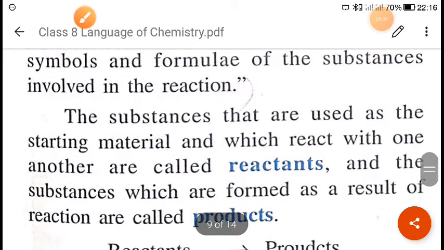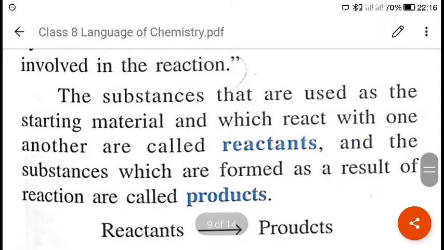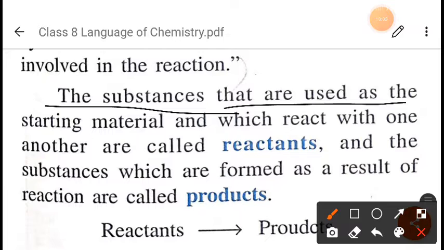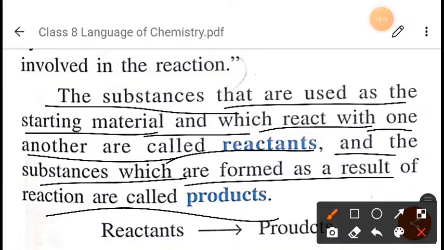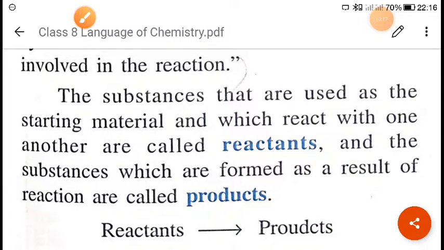The substances that are used as starting materials and react with one another are called reactants, and the substances formed as a result are called products.